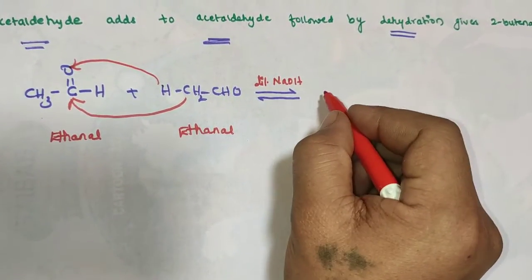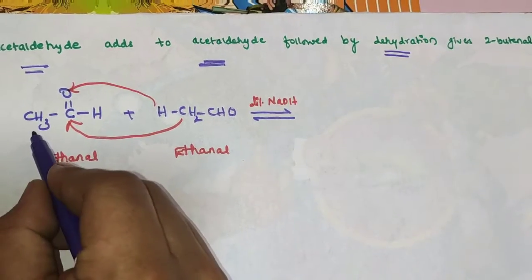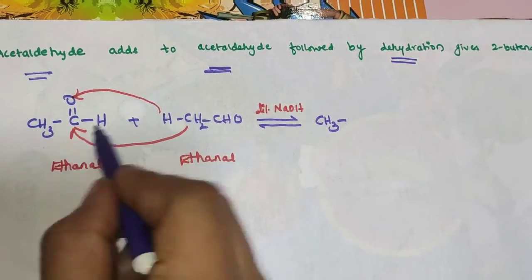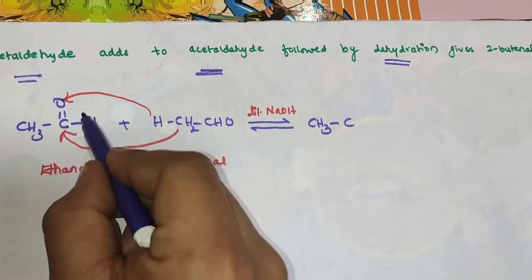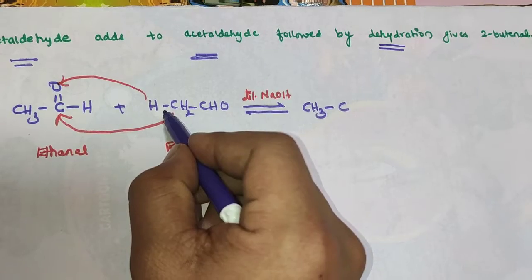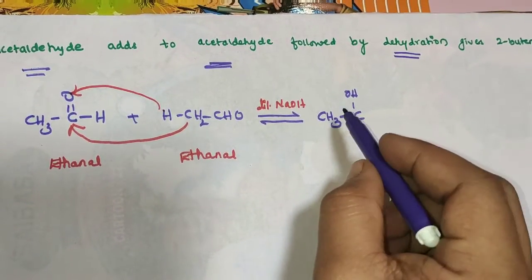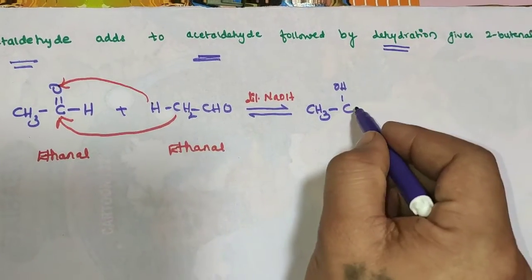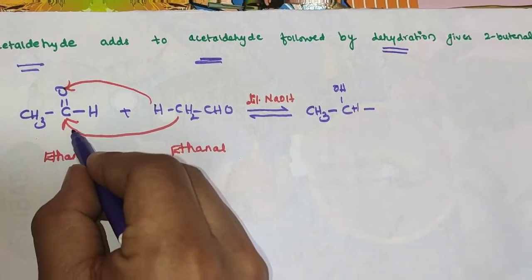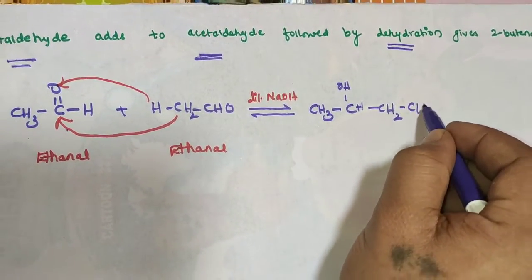CH3 stays as it is, then C double bond O converts into a single bond, and that O accepts the hydrogen atom, so it becomes OH. Then CH, and since this CH2 is bonded to the carbonyl carbon, we can write CH2CHO.